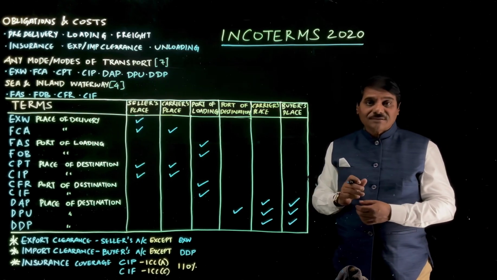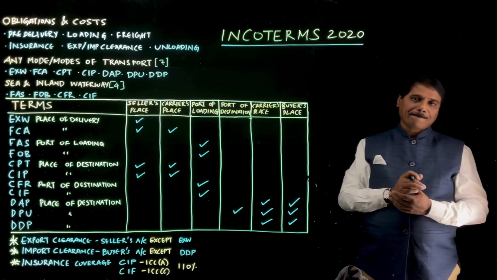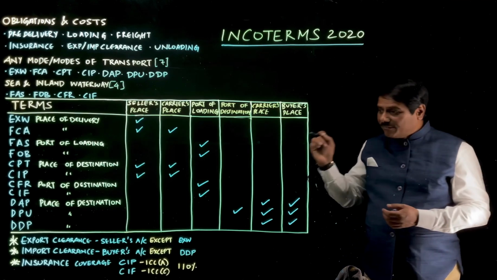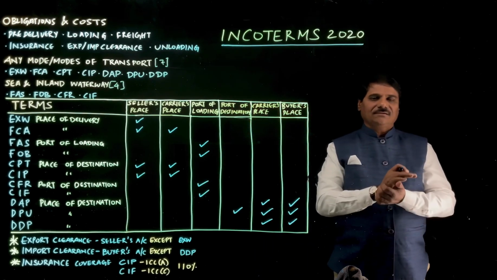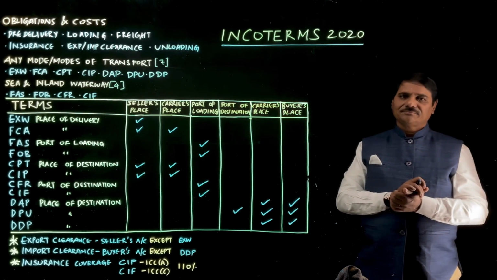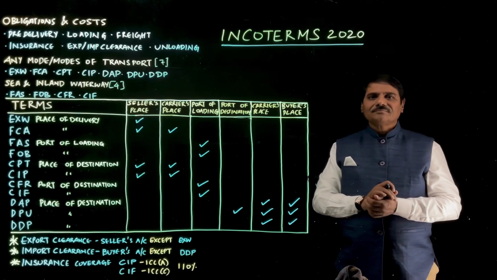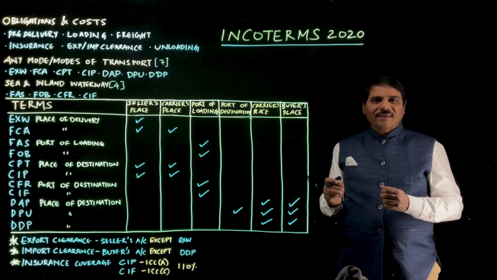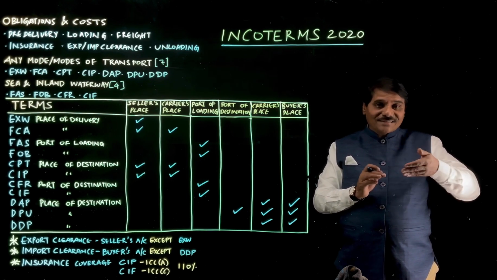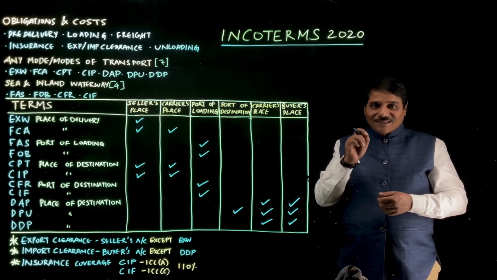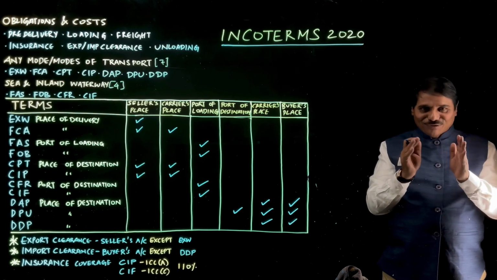The next term is DDP, delivered duty paid. Delivered duty paid. Insert place of destination. So, here in this case, what is additional is, the buyer is not responsible for import clearance.